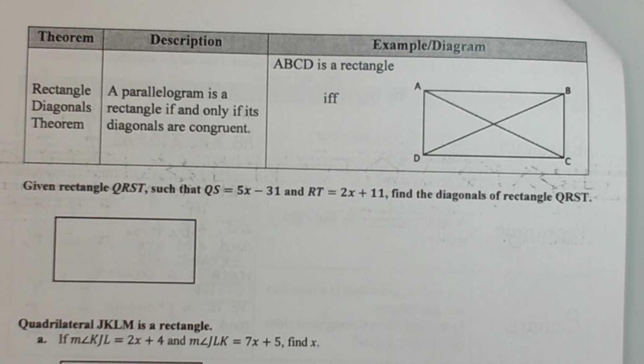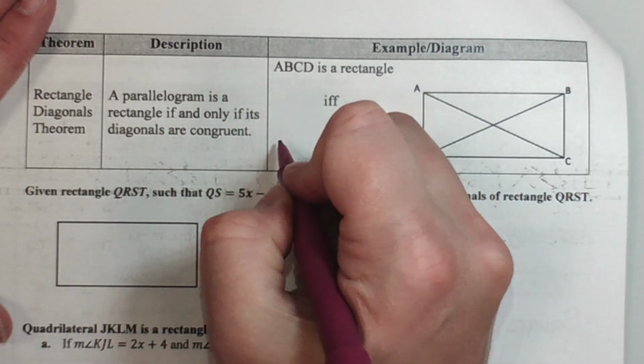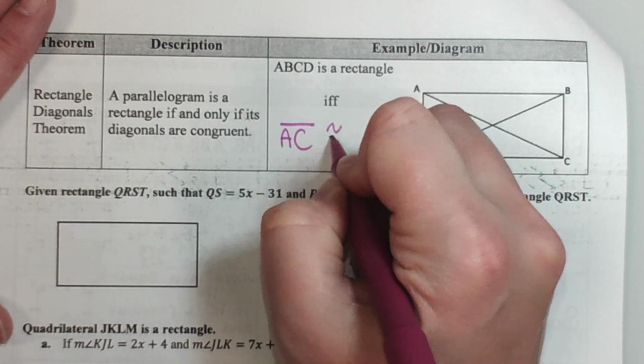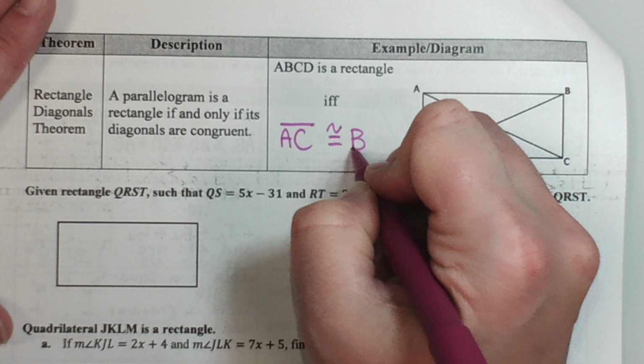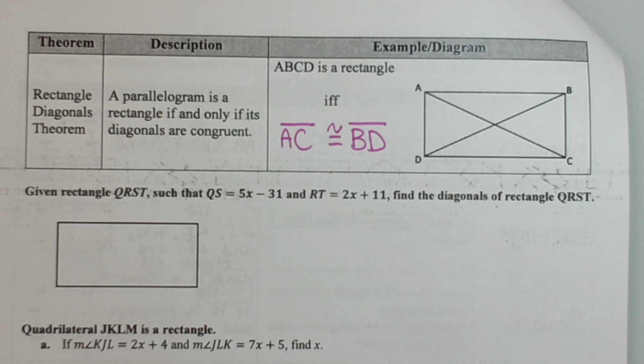It states a parallelogram is a rectangle if and only if its diagonals are congruent. Diagonals are those. This is a rectangle if and only if AC is congruent to BD. Have we talked about diagonals with parallelograms before?